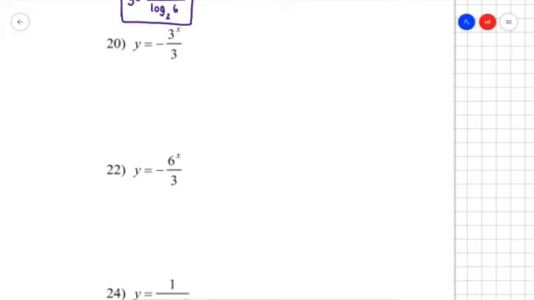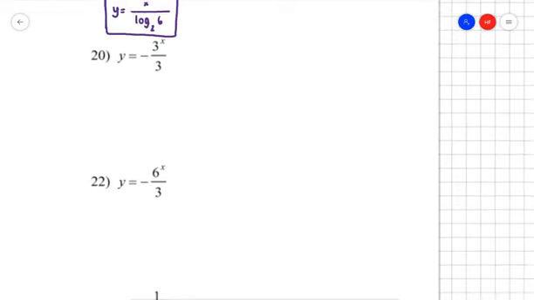Now in number 20, we have this function y equals negative 3 to the x over 3. So what we want to do here, of course, is switch our x's and our y's. And I want to get that y down. So what I'm going to do is multiply by a negative 3 on both sides.